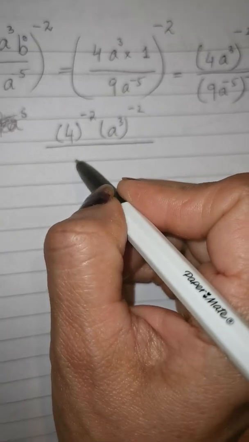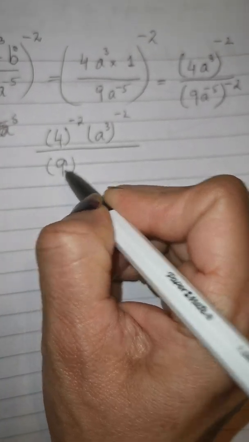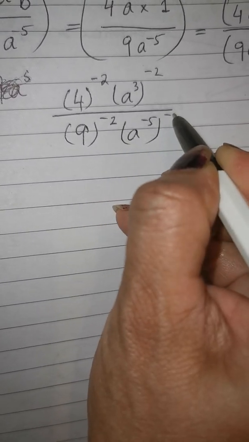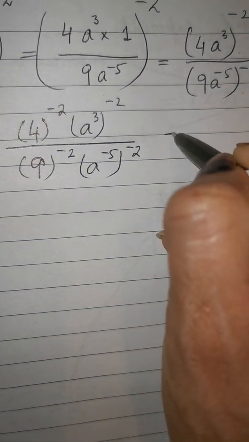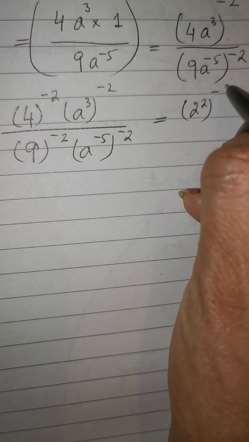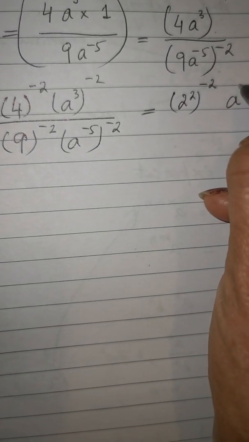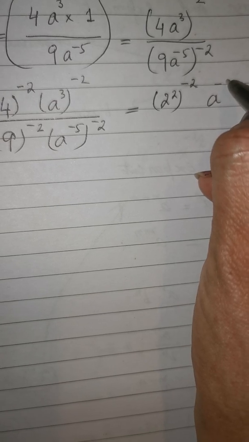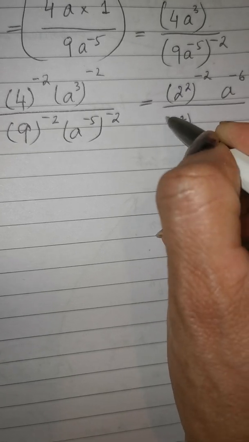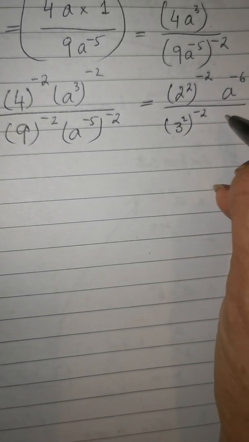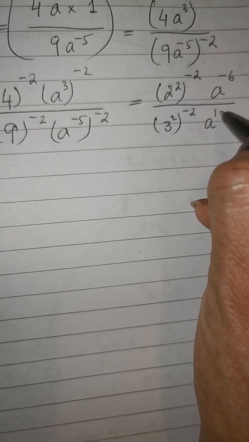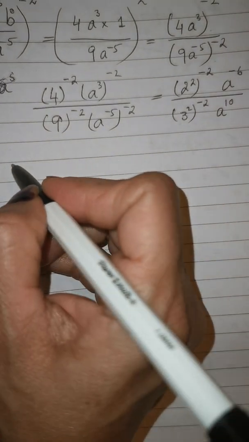I'm doing this step, and then 9 power minus 2, a power minus 5 whole power minus 2, right? 4 power 2 will give you 2 power 2 whole power minus 2, and a power minus 3 multiplied by 2 will give you 6. 3 power 2 whole power minus 2, right? And a power will be minus multiplied by minus, which will give you positive power, right?